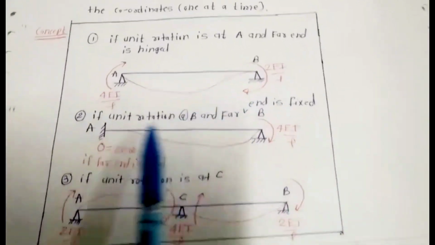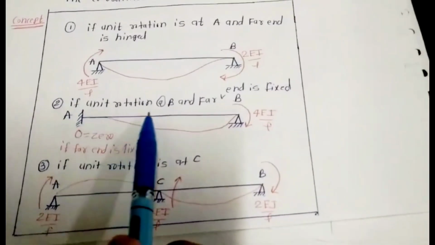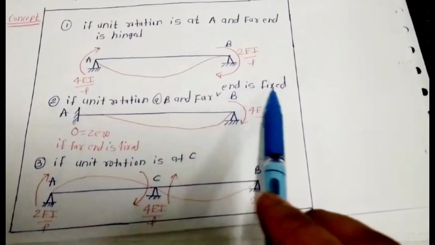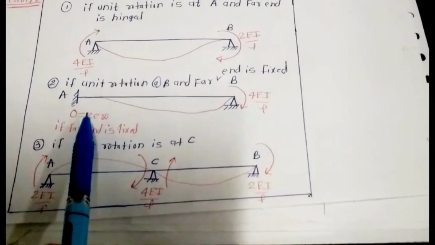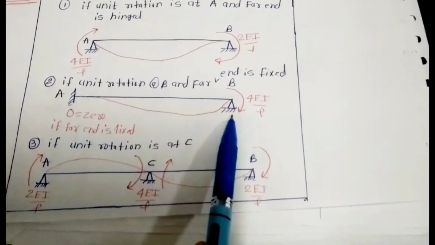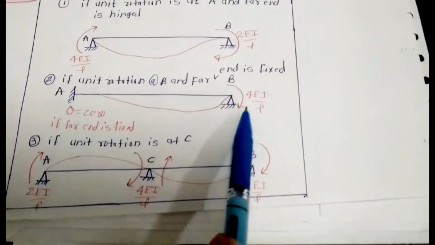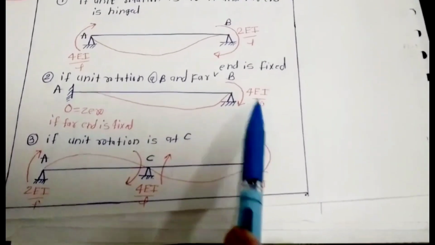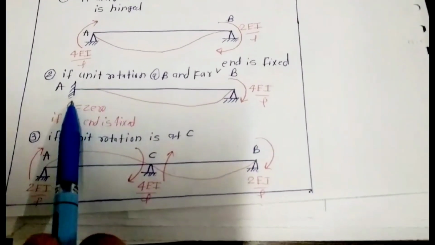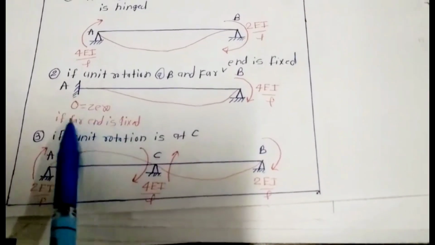Okay. In second case, if unit rotation is at B and the far end is fixed, in that case the value will be 4EI upon L at B, and at the far end which is fixed, the value will be 0.